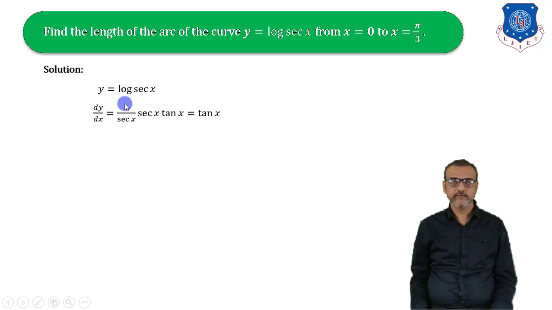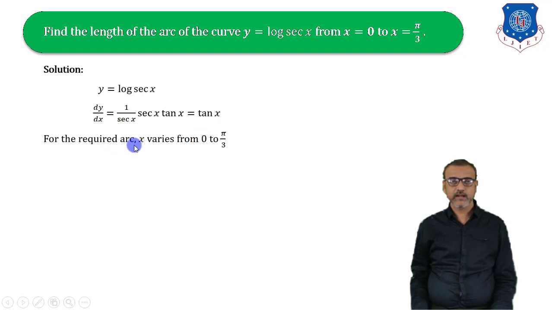Derivative of log of sec x is 1 upon sec x, and then we differentiate sec x, whose derivative is sec x tan x. Now sec x will cancel out, so dy by dx equals tan x.